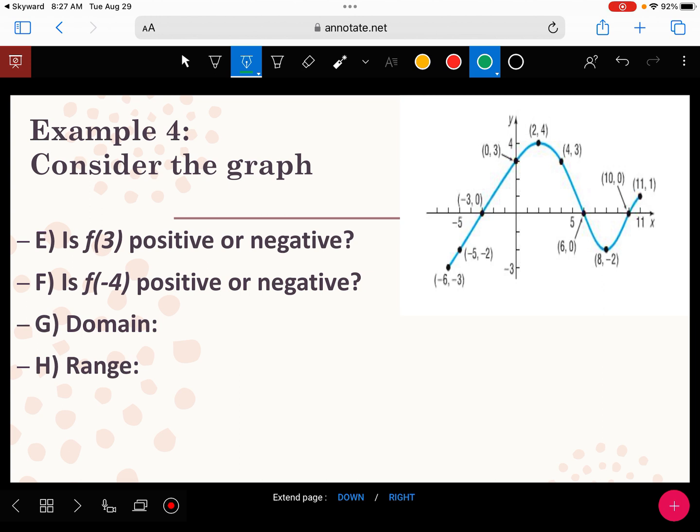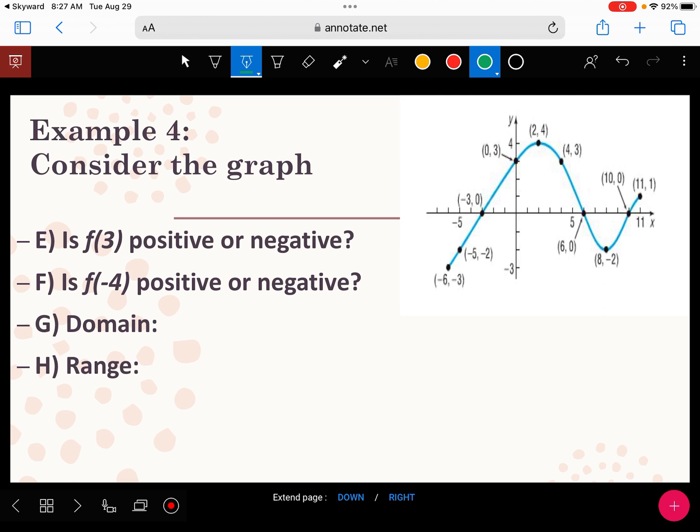So E and F are not asking you what the Y value is. It's just asking, is the Y value positive or negative? So it's not like A, B, and C where they want the specific number. We just want to know, is it a positive or negative Y value?